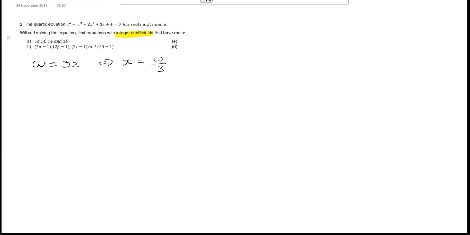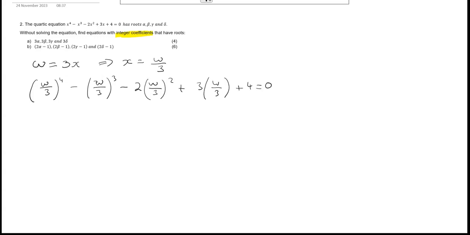And if x is equal to w over 3, I can now sub that into my original equation. So I've got w over 3 to the power 4 minus w over 3 cubed minus 2 lots of w over 3 squared plus 3w over 3 plus 4 equals 0.